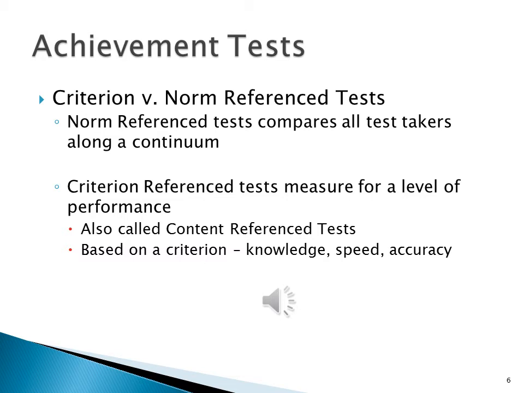So based on a criterion, whether it's knowledge, speed, or accuracy, a WKCE is a certain level of knowledge, indicating you're proficient or advanced. If you're taking a typing test, the number of words per minute that are typed accurately can be used as a criterion referenced test.